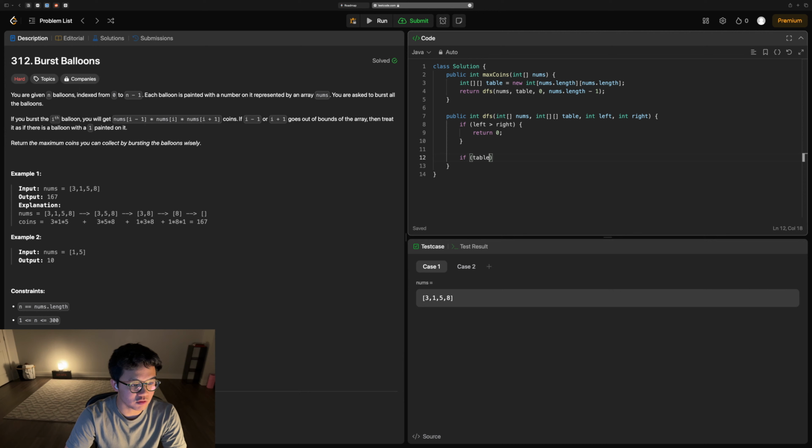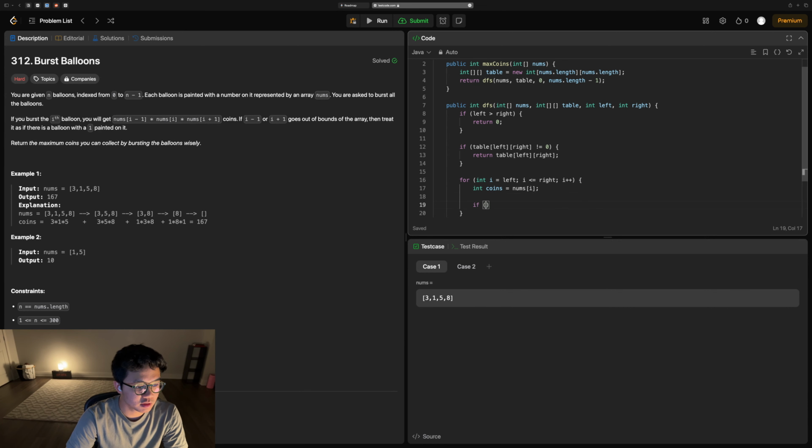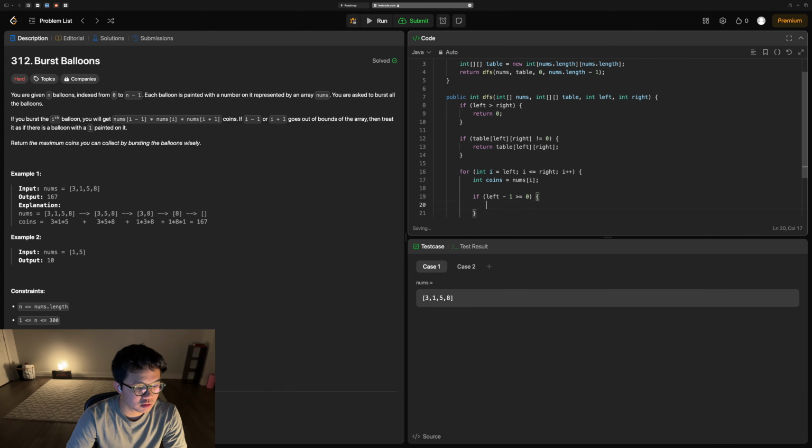If the value in the table has a value, we're going to return that value because we've already calculated this subproblem. And then we're going to iterate through all the array, get the current number, and if left minus 1 is greater than or equal to 0, close times equals.